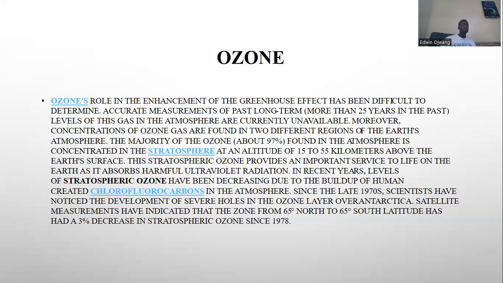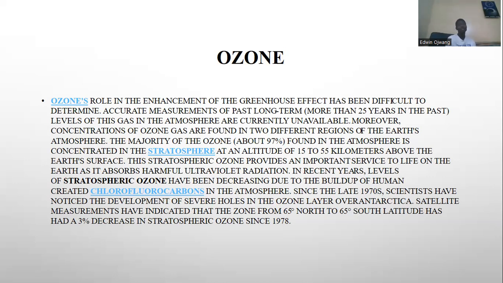Stratospheric ozone provides an important service to life on the Earth as it absorbs harmful ultraviolet radiation. In recent years, the levels of stratospheric ozone have decreased due to the buildup of human-created chlorofluorocarbons in the atmosphere. Since the late 1970s, scientists have noticed the development of severe holes in the ozone layer over Antarctica.